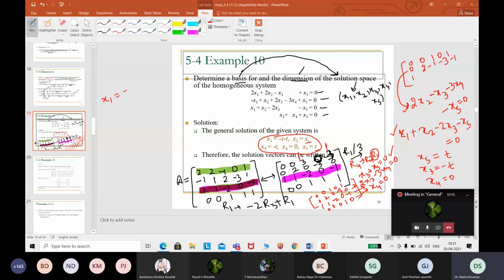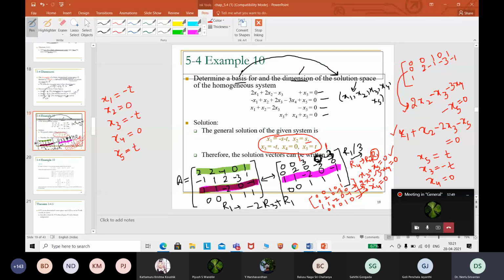So what is x2 now? 0. And x3 is minus t. x4 is 0, and x5 is t.